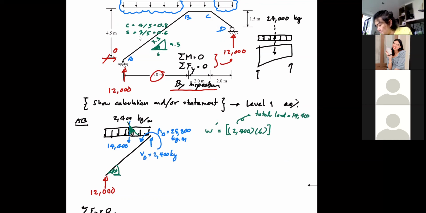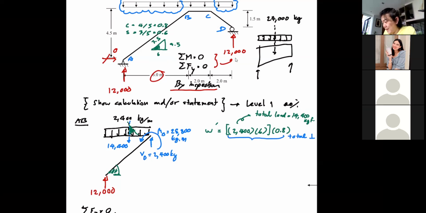I'm running out of space. Kilogram force multiplied by cosine, which is 0.8. So now that becomes the total load that is perpendicular to the member. Okay, that's a symbol for perpendicular.